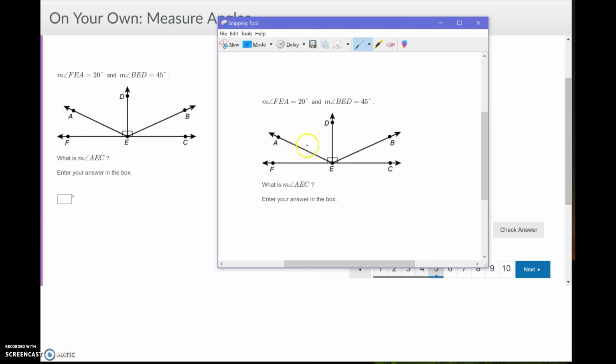All right, let's take a snip here. So angle FEA equals 20, and angle BED equals 45 degrees, and we are looking for angle AEC. So this is what we're looking for, AEC. This is our unknown.